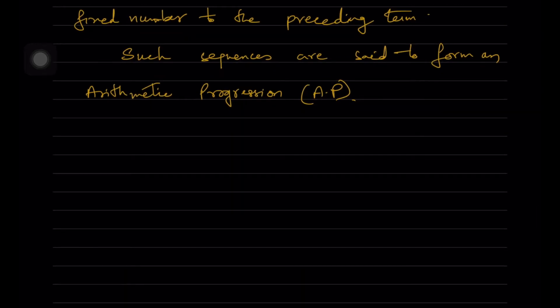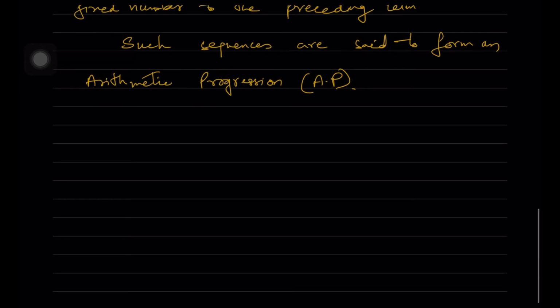So what is an AP? An AP is a sequence in which each term except the first one differs from its preceding term by a fixed number. Here a fixed number is either added or subtracted to each and every term.